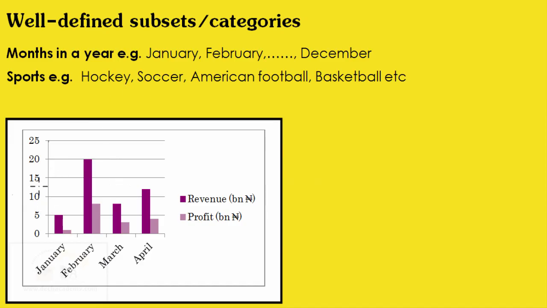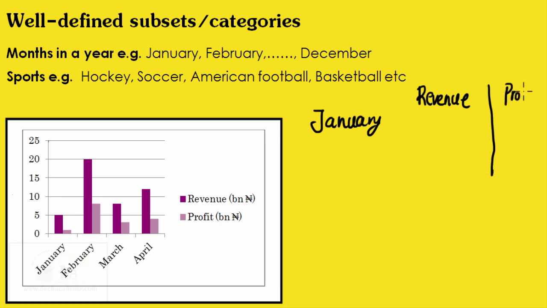So here's an example of a bar chart, and this particular example represents the revenue and profit of a certain company for the first 4 months of a year. So imagine there's a certain company, and in January they make a certain amount of revenue, so the amount of money they receive from all their sales, and they also make a certain amount of profit out of that revenue.